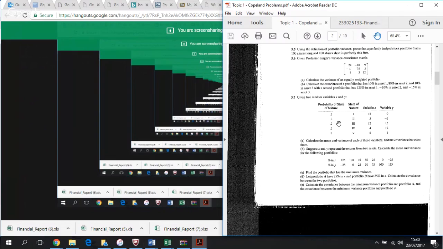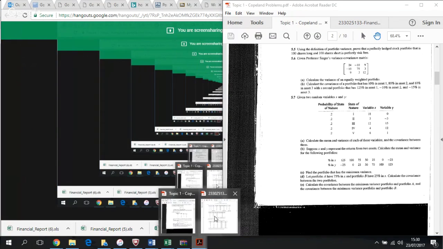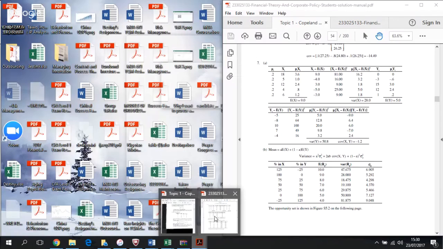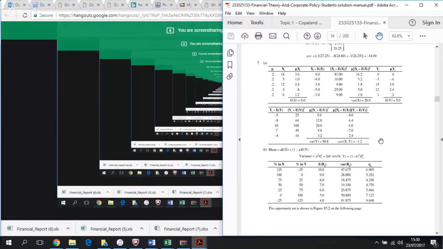So to find the portfolio, what is A supposed to be? A is the amount that you invested in that asset. A is the weight, like the proportion invested in X of the total. Right.